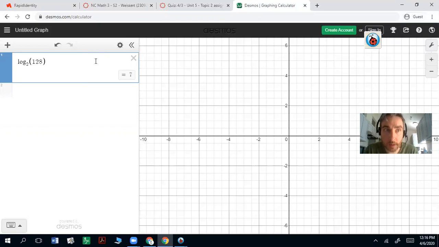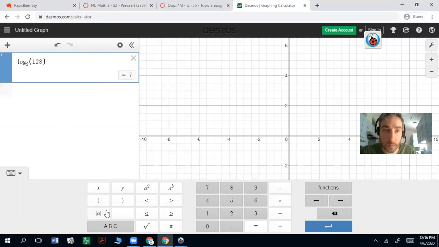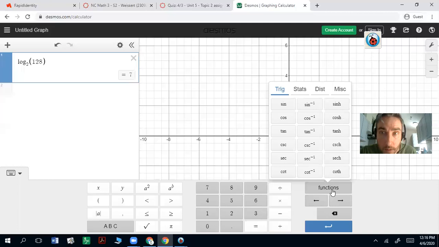Don't tell anybody. So how do you get that if you don't want to use your keyboard? Go down to the math. Pull that up, go to functions. Trig, stats, distribution, miscellaneous. Click miscellaneous. Log, that's base 10.